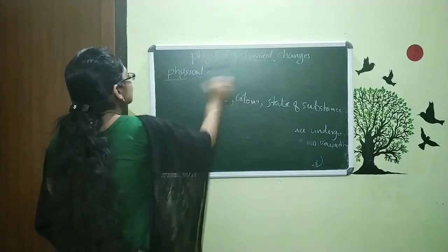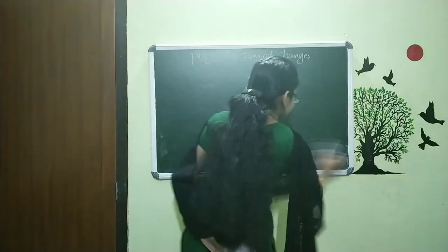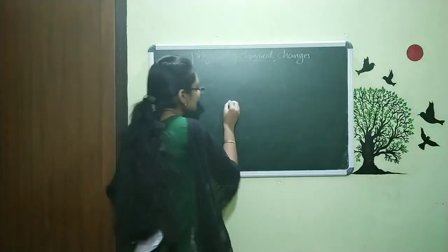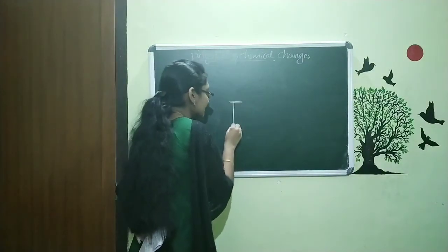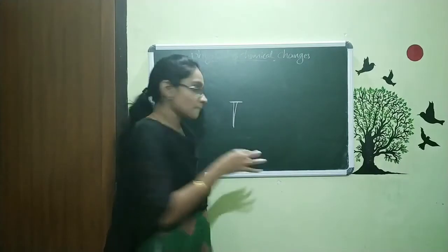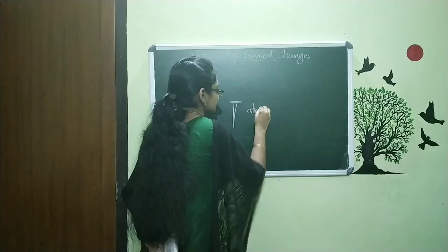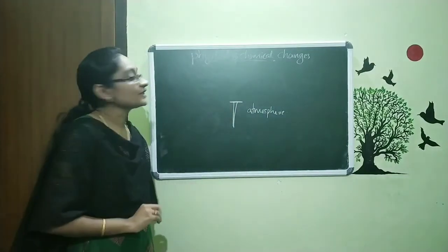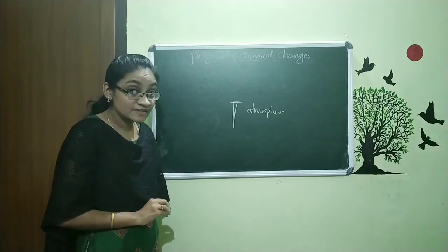The next case is the iron nail. I take one new iron nail and keep it in the open atmosphere. After some days, what can you see? There occurs one change.